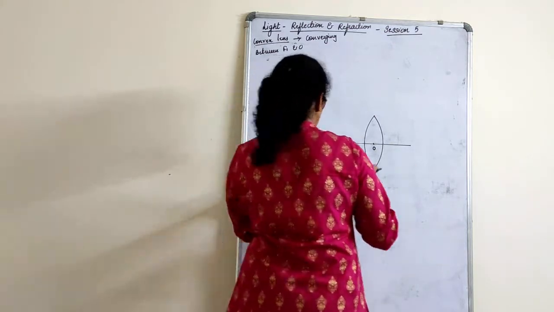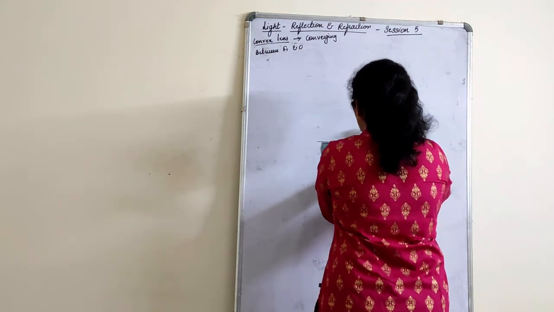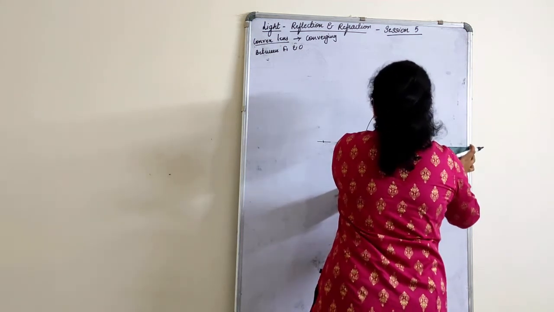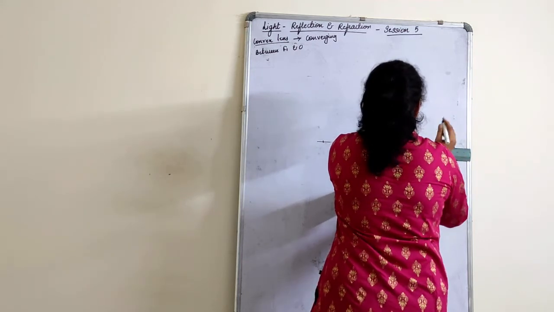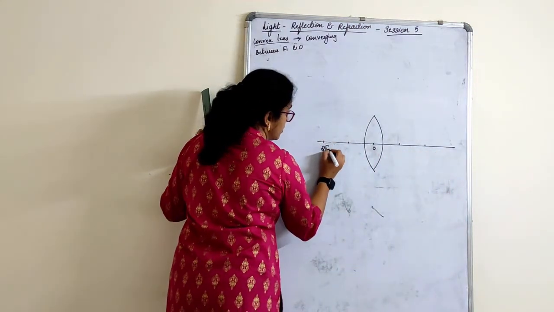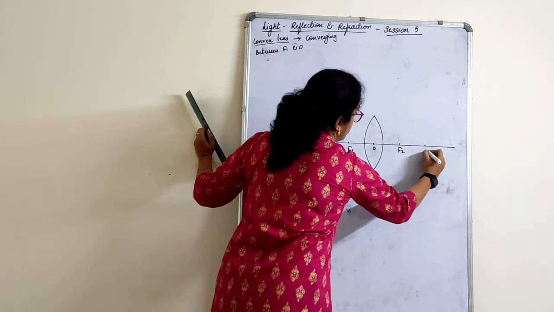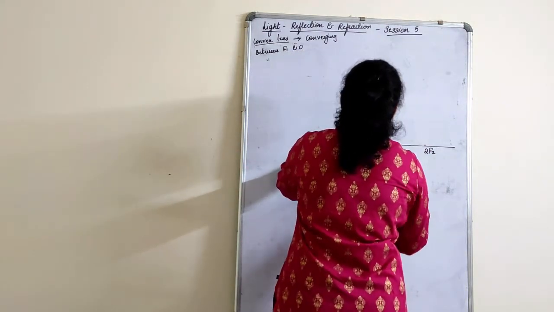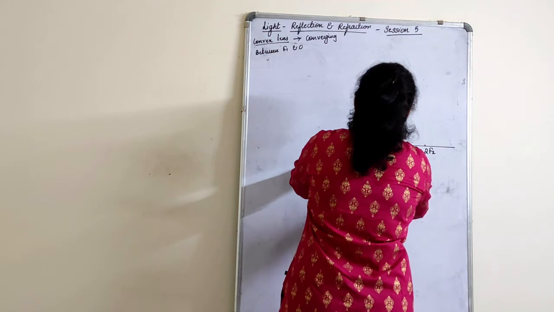Let me mark 2F1, F1 and F2 together. So this part here it is 1 and 2, and in this part here it is 1 and 2. Okay. So this is 2F1 and F1. So this is F2 and 2F2. When the object is kept between the focus F1 and the optic center.